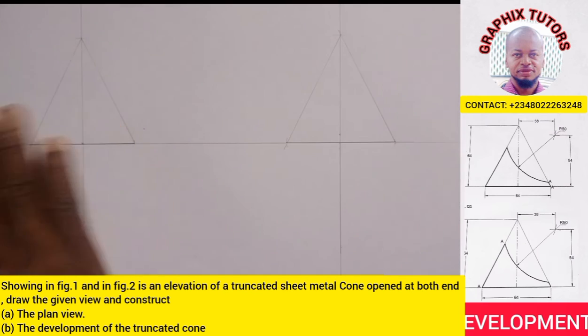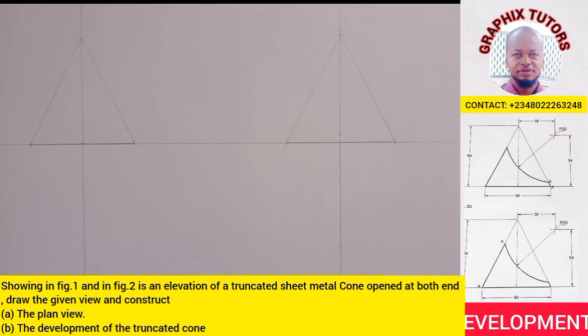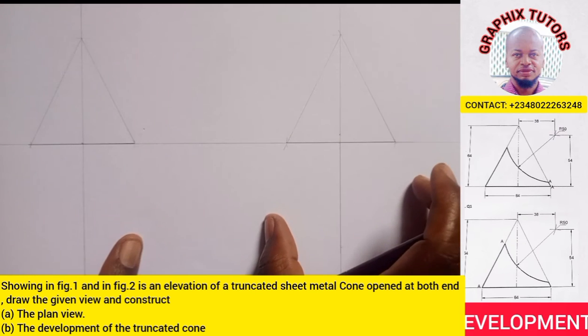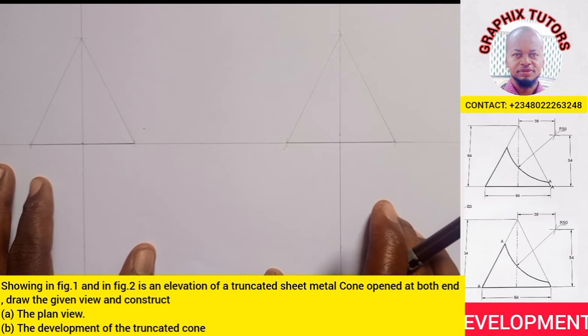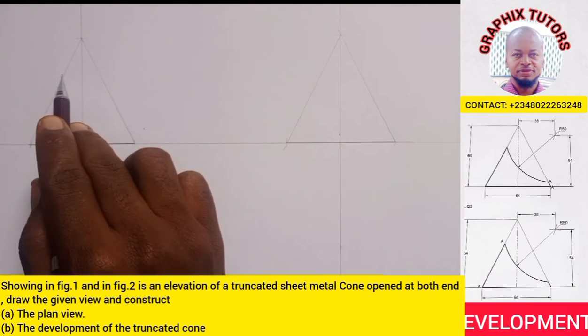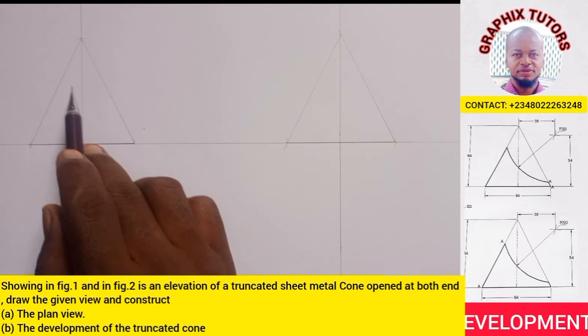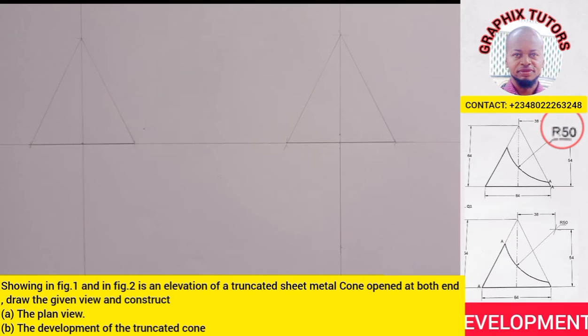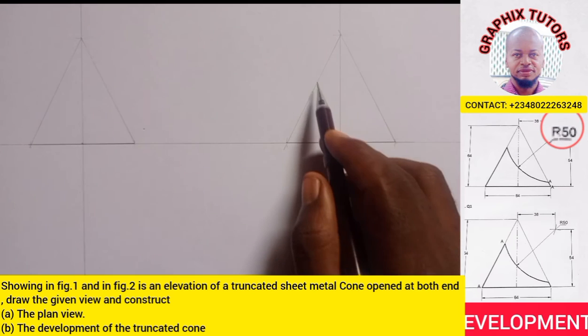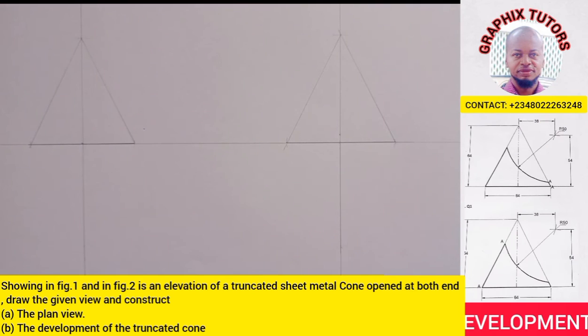Now after we've done that, we're not told that this is a cone, but this cone has been worked upon. How do I mean? They have cut out some part of this cone. They removed a part of this cone with a radius of what? Of 50, right? And also from here with a radius of 50. So I am going to take my compass, right?